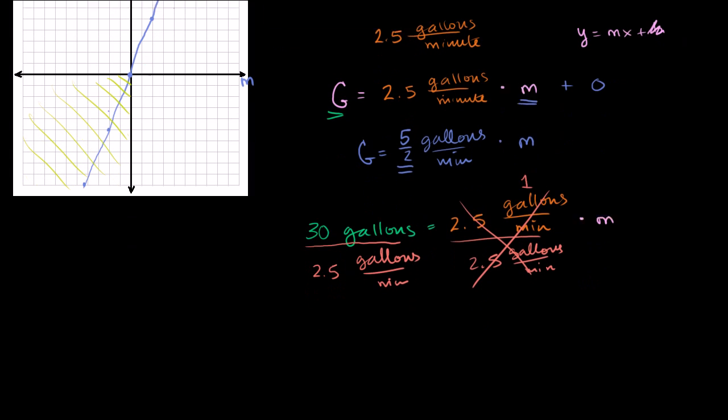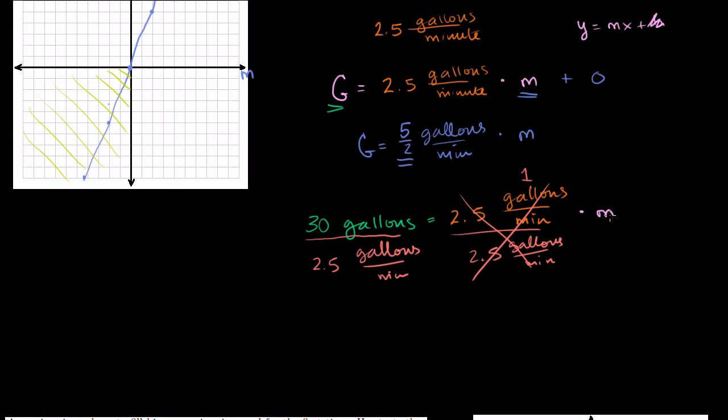And so m is going to be equal to 30 divided by 2.5. We have this gallons in the numerator. And I want to show you can deal with the units just like you would deal with actual numbers.